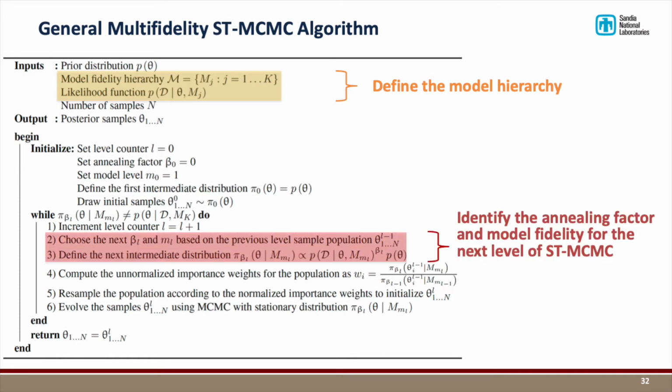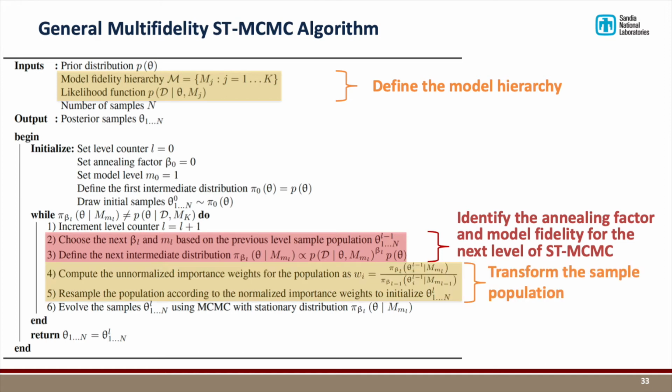We now proceed through ST-MCMC as normal until we get to the next choice of choosing the intermediate distribution. For this, we have to choose the annealing factor and the appropriate model fidelity for the next level based upon the previous level sample population. We do this through some sort of predefined metric, and then define the intermediate distribution accordingly.